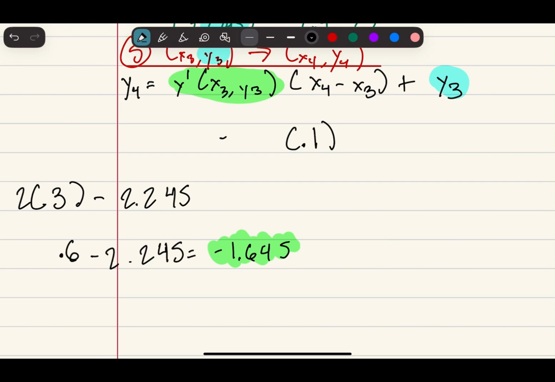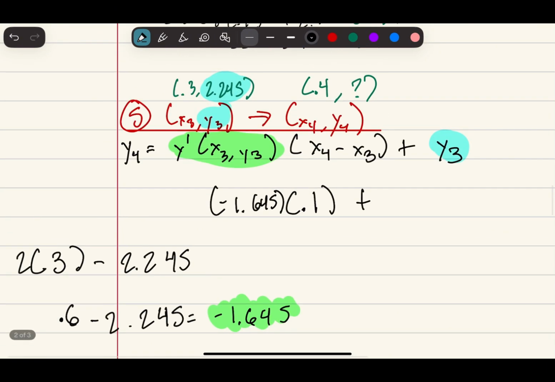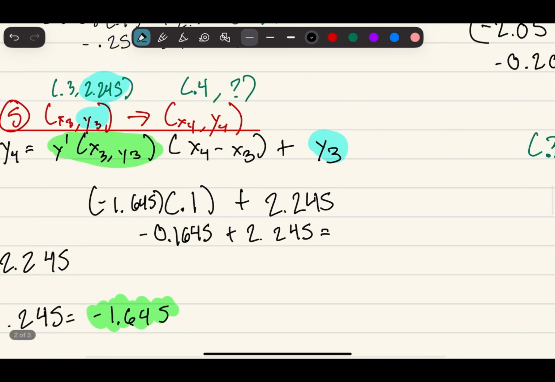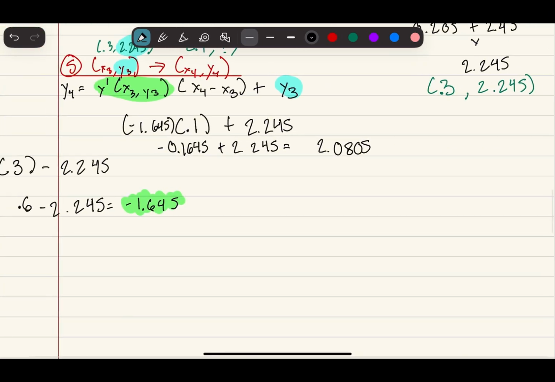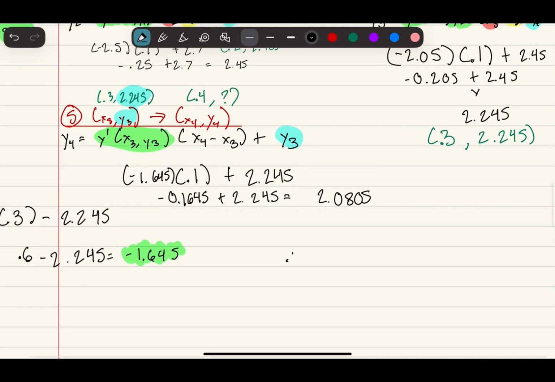Boom, we're going to plug this right back up here, negative 0.1645 plus y3, which is 2.245. And that's going to get us 2.0805. All right, and so ultimately, at 0.4, but let me put this in purple because it's our ultimate answer, we get this.